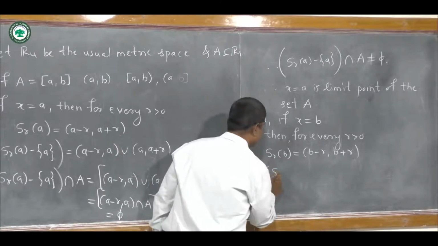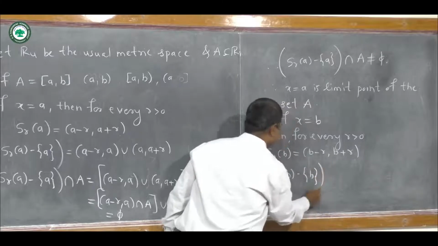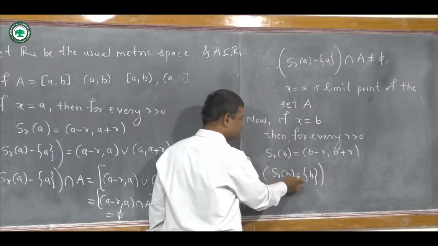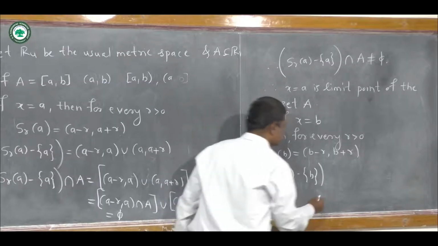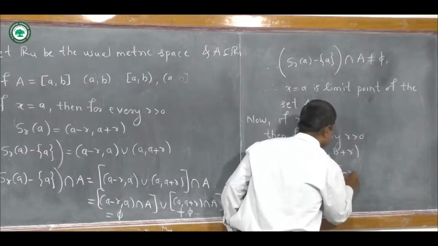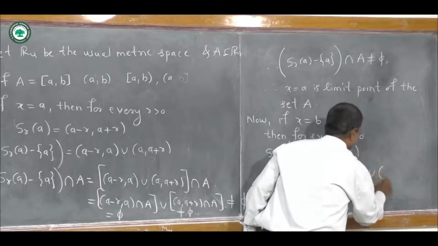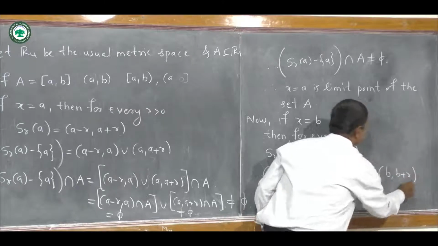Now this set with the center deleted is the union of two open intervals: b minus r to b, union with the open interval b to b plus r.